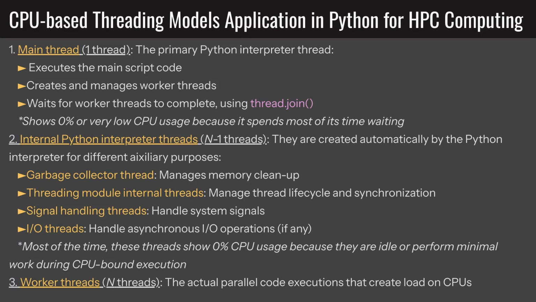Most of the time, all those types of threads show 0% CPU usage because they are idle or perform minimal work during CPU-bound execution. And finally, come the worker threads. Their number is n, and chronologically, they are created after the other types of threads. Those are the threads that actually execute the parallel code and create the high load on CPUs.